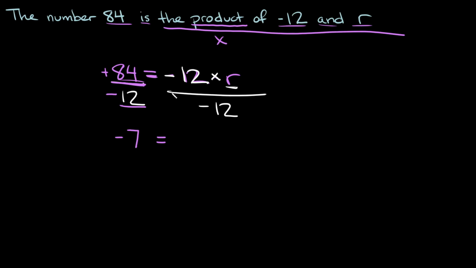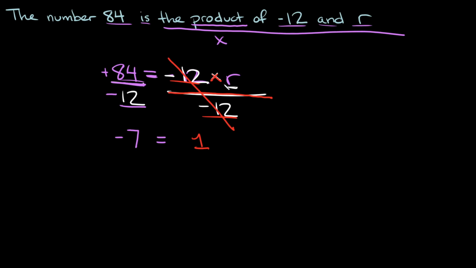Well, as you can see, this is like a big fraction, right? So we have negative 12 times r on the top and negative 12 on the bottom. So whenever you have the exact same number on the top and on the bottom, so we have negative 12 here and negative 12 here, those reduce to just 1. So we can just replace that with a 1.